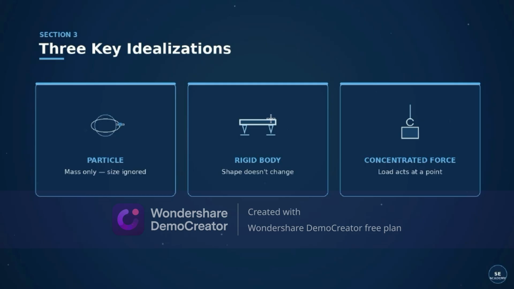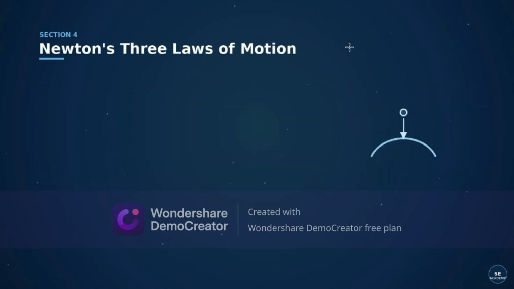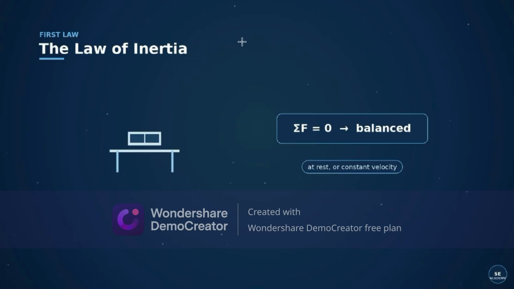Newton's three laws. Just as I said, this introductory video to statics is talking about things that will help you understand statics. So, Newton's three laws of motion. I'm sure you are already familiar with these laws. The first law is the law of inertia.